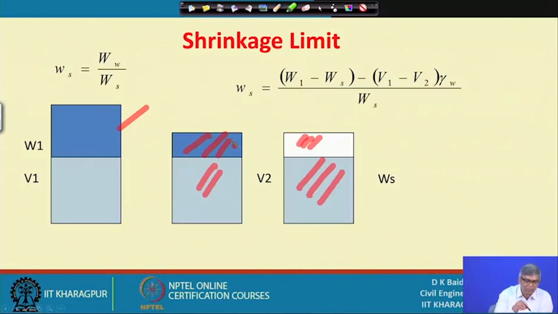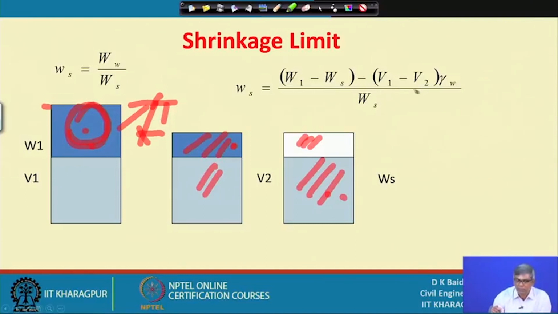So, I can find this weight minus this weight, that is nothing but Ws. If I do this minus this, I get this water. Then how to find this water? I know this volume, and I know this volume, so the difference of these two will be the volume.